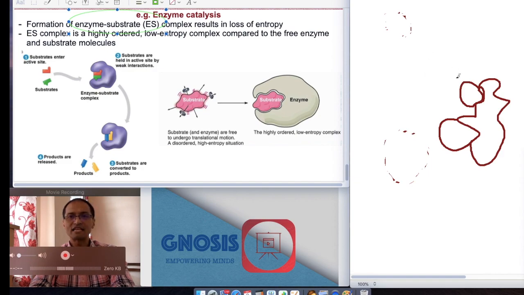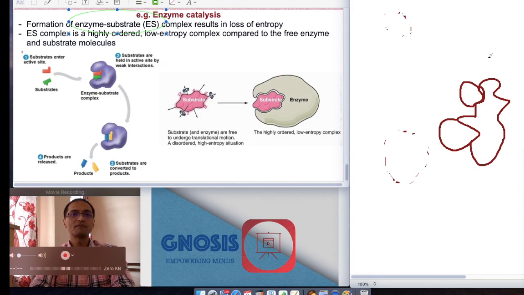And when this takes place, the enzyme helps to lower what we call the activation energy of this entire reaction. And when the activation energy of the reaction is reduced, the reaction can progress at a much faster rate as compared to the situation when you do not have an enzyme in the environment.